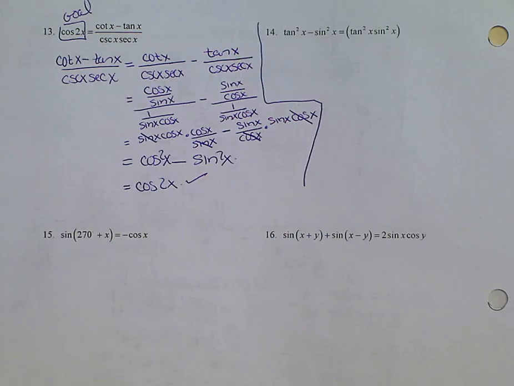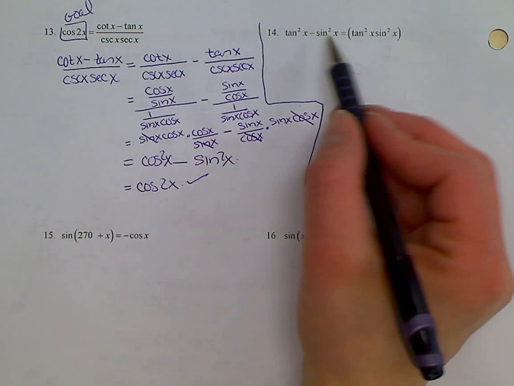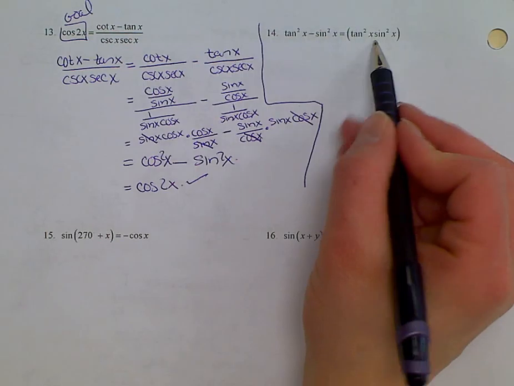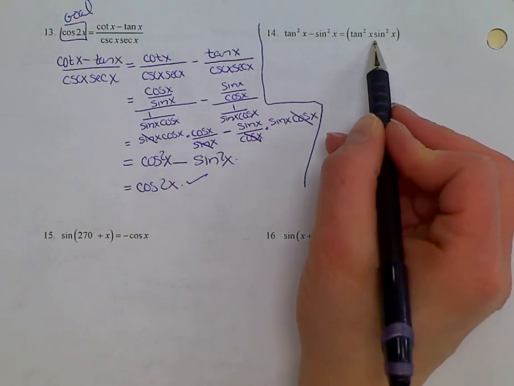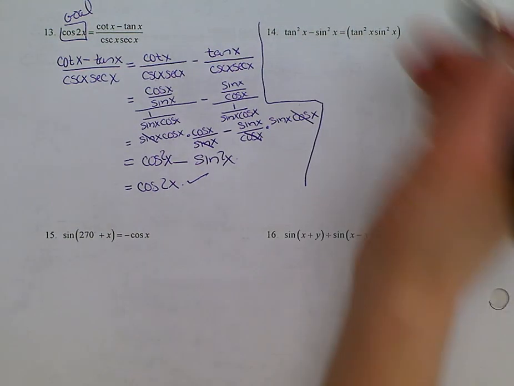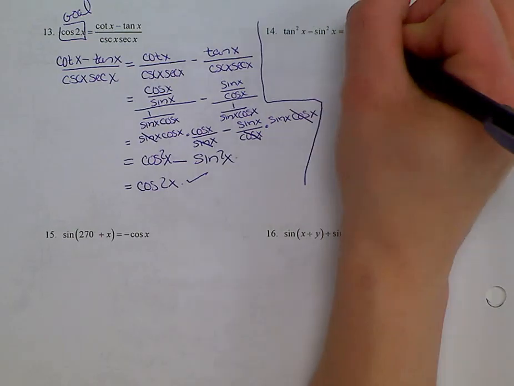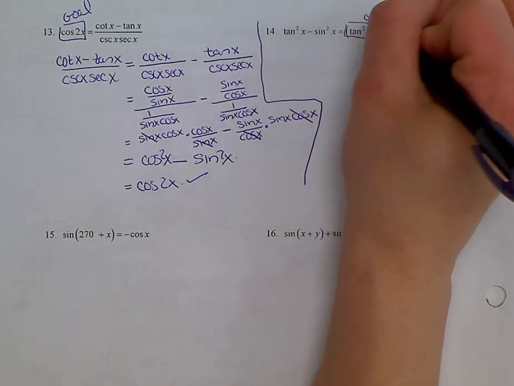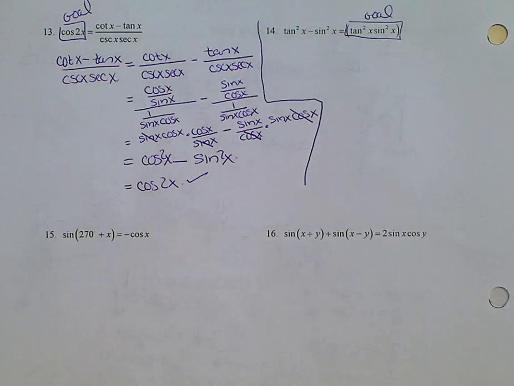All right, in 14, I personally like to take something that is 2 terms and write it as 1 term. There are certainly other ways that we could do this where we could take 1 term and break it apart into 2. But I'm going to take this side and rewrite it as the tangent squared times the sine squared.